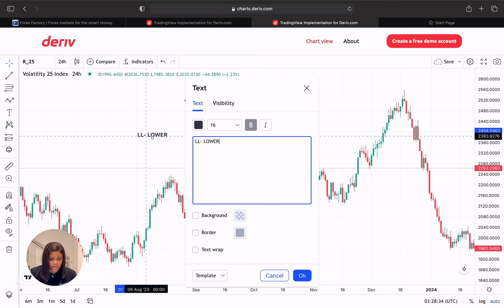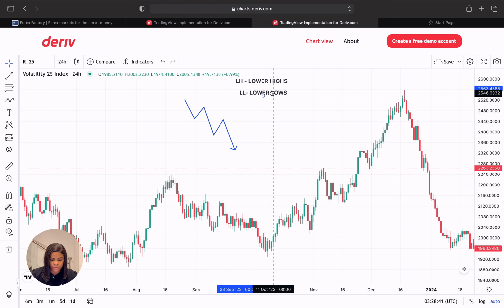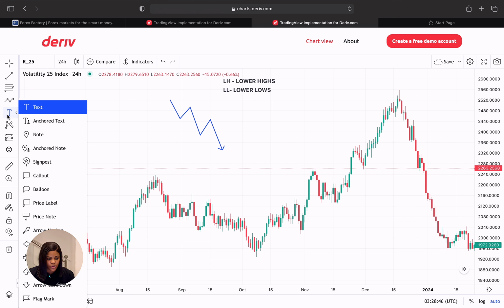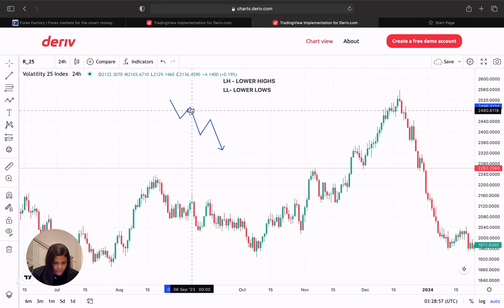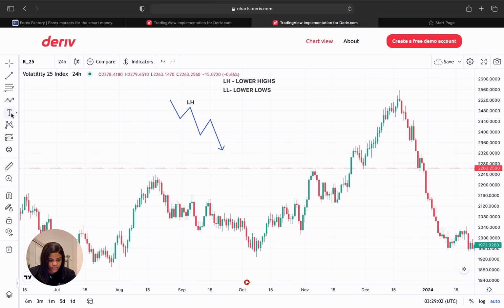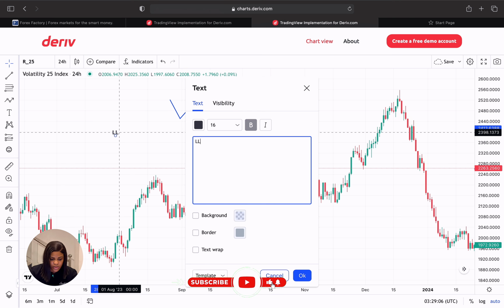Lower lows. So let's stack them. LH, LL.